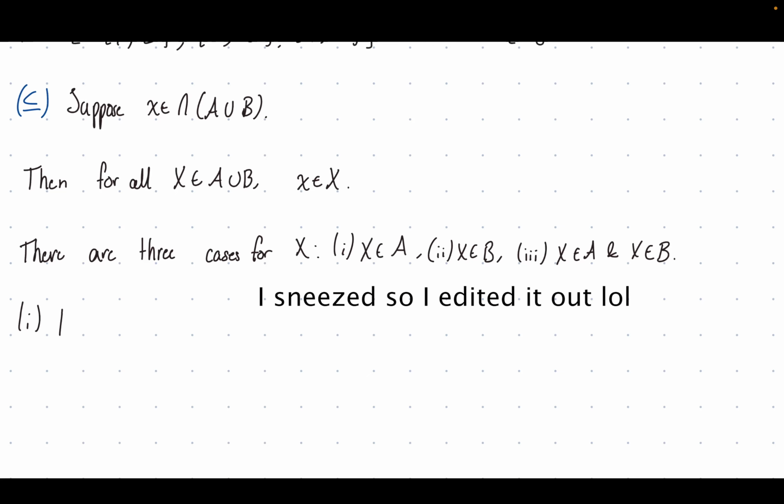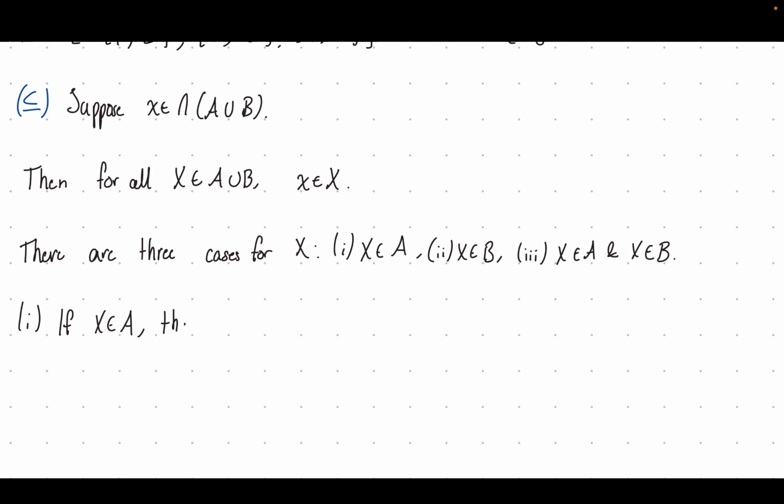Okay, first case, if X is in A, then X is in A union B. So by assumption, little x is in big X. I don't think that's quite clear, so let's do this.